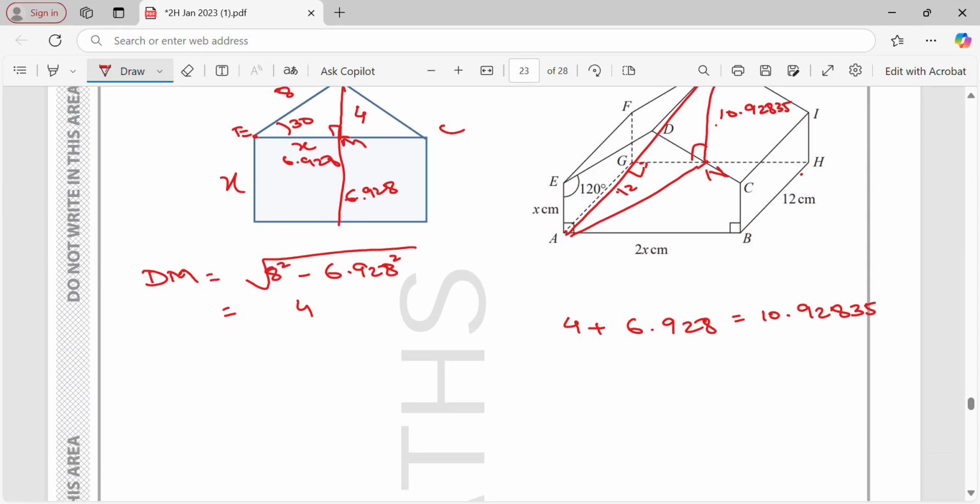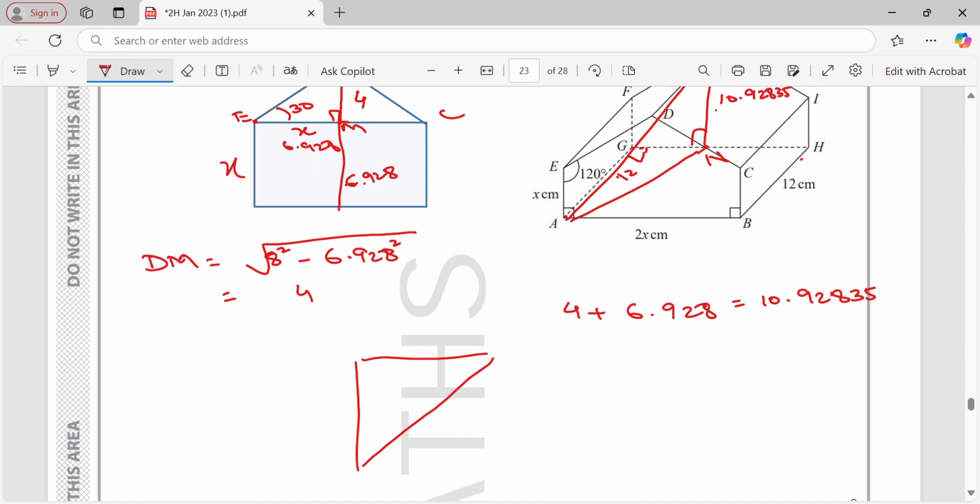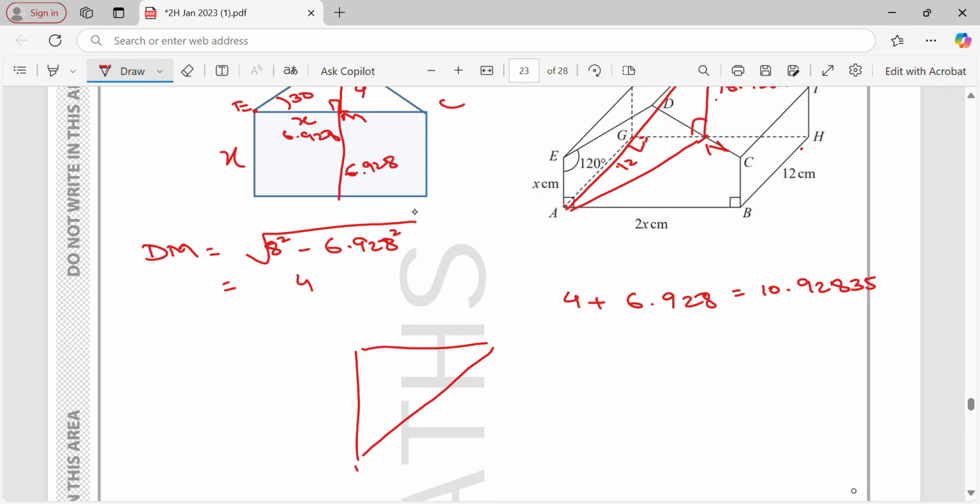Let's draw separately here AG and GN, and then I have to find out AN. So let's label it. This is A, here is N, and this is G. It makes a 90-degree angle at this point.